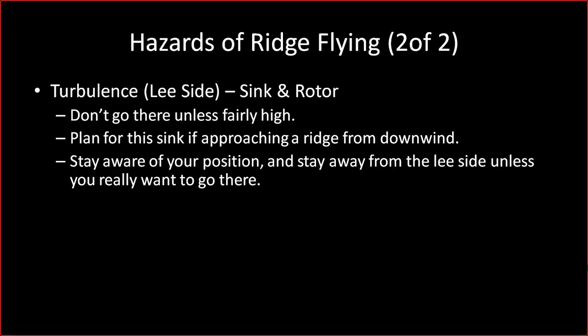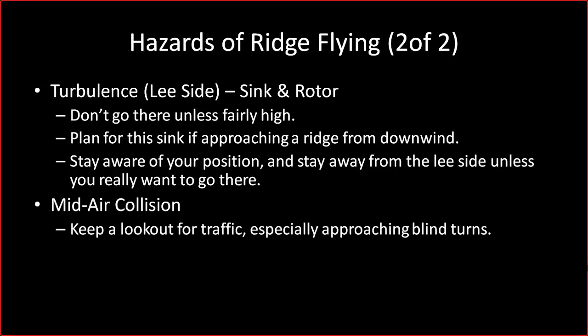So just be aware of where you are, and don't let anybody but you choose to take you to the lee side. And have a pretty good reason to want to go there before you go there. There's not going to be much good stuff there usually below ridge height.